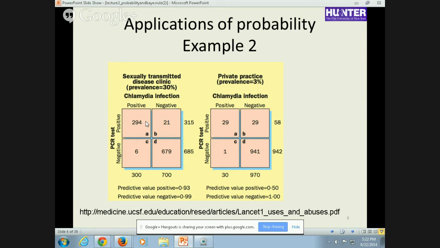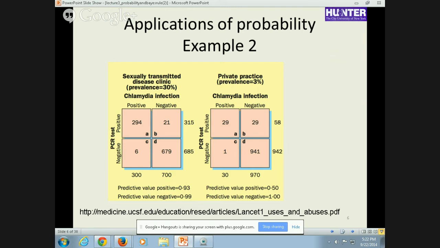The rows are the results of the PCR test. So these are all of the people who got a positive test, and 294 of them really had chlamydia. Sorry for the temporary confusion there.